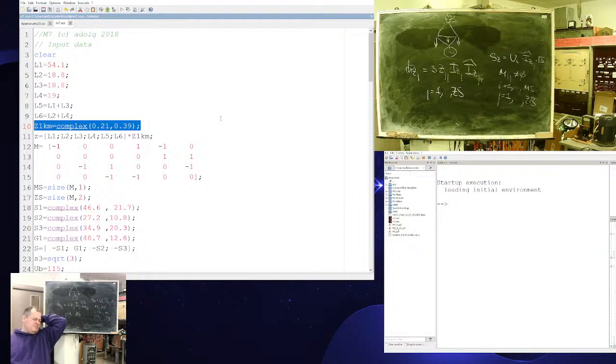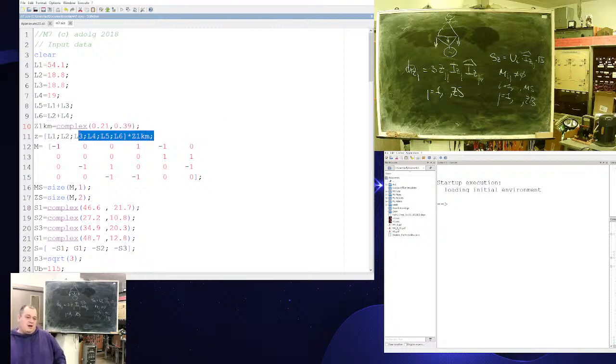I took data from some of the Riga line, so it has 0.1 active ohms per kilometer and 0.39 reactive ohms, inductive ohms per kilometer. So here I'm conducting the resistance vector.